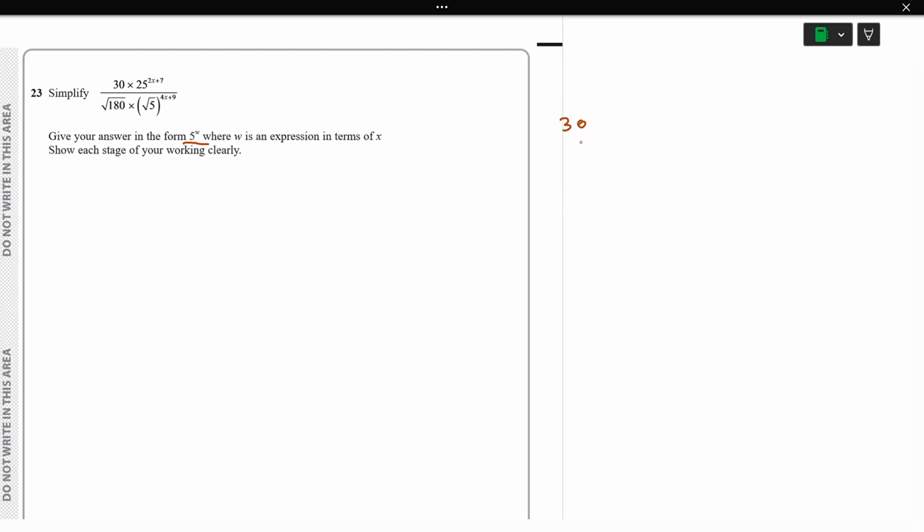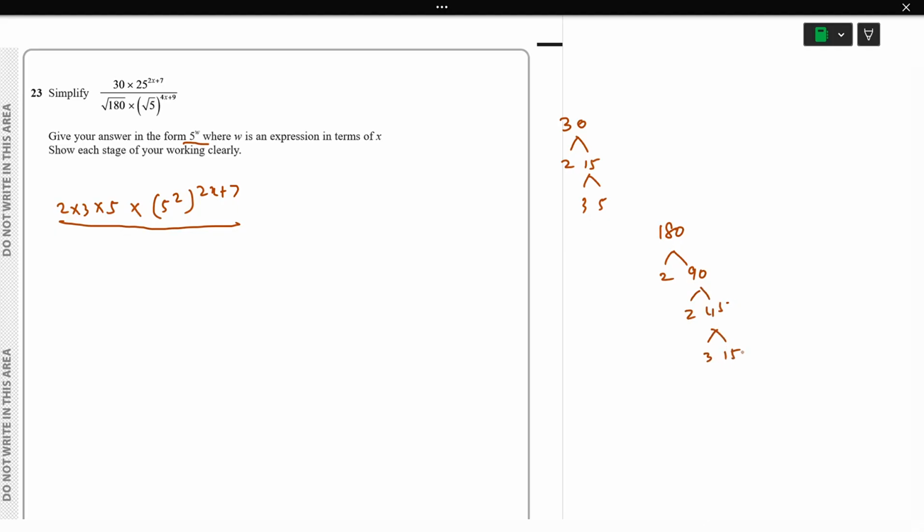So first, for 30 I'll go for prime factors, which is 2 and 15, and 3 and 5. So 30 I can write as 2 times 3 times 5, times 25. The prime factor is going to be 5 square, 5 square whole power 2x plus 7, over the 180. For 180 I'll go for prime factors, which is 2, 90, then 2, 45, 3, 15 and 3, 5.